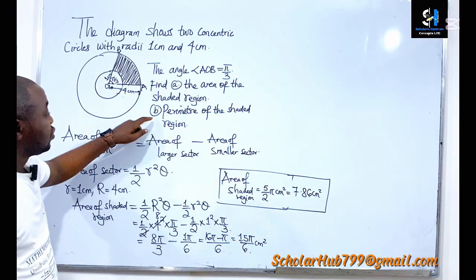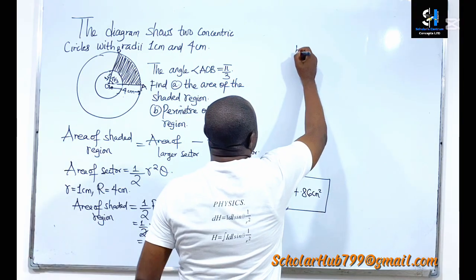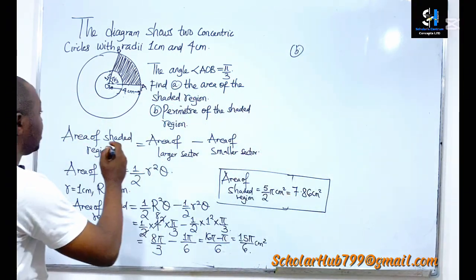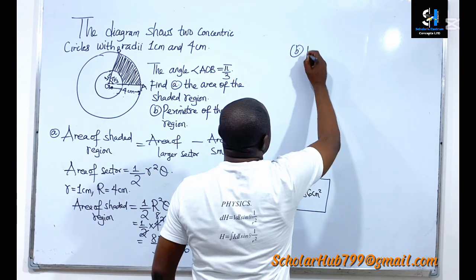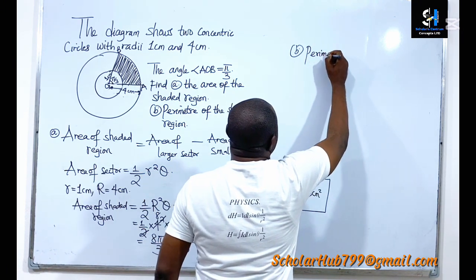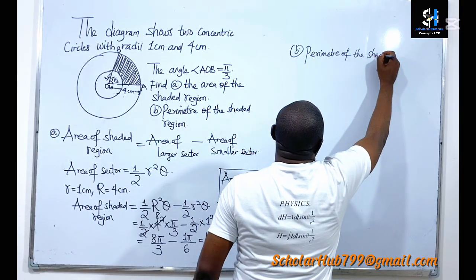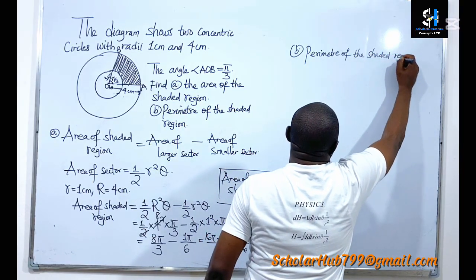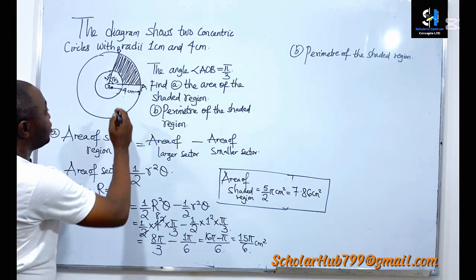Now, the next question is for us to calculate the perimeter of the shaded region. Let's look at how to calculate the perimeter of the shaded region.